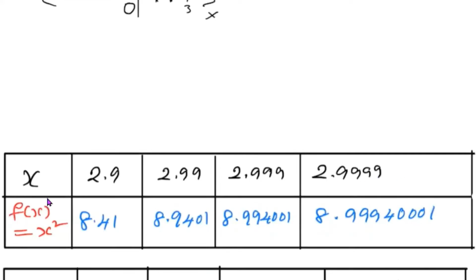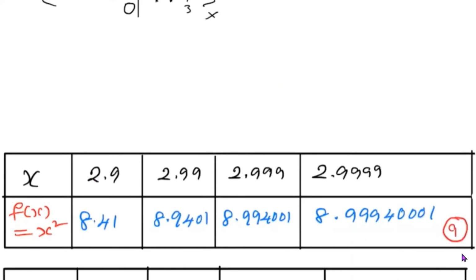The corresponding values of f of x, that is x squared, are given here. Just look at this value, 8.9994001, which is very close to 9. Here we say that as x approaches the value 3 from the left, f of x approaches the value 9.